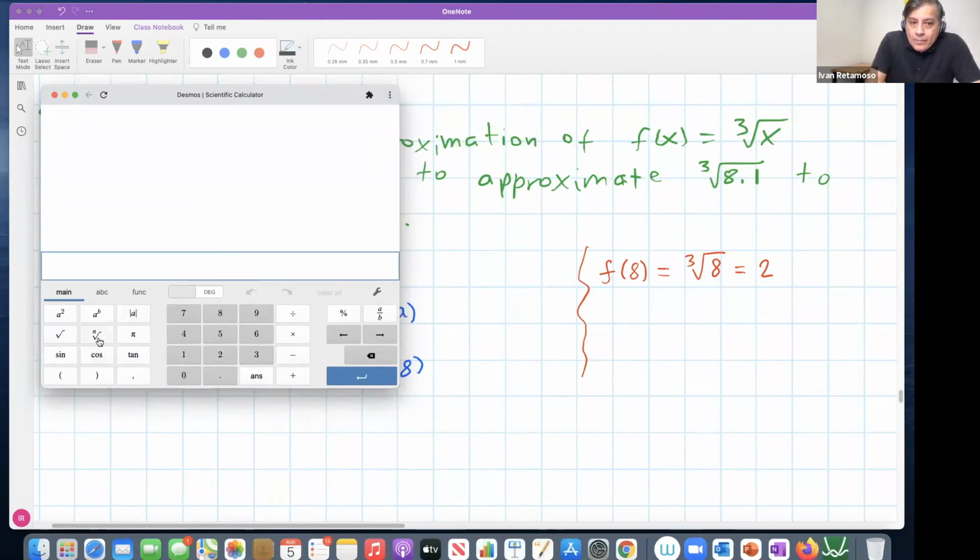Well, if you choose this, Desmos scientific calculator will give you a chance to input the index, the cubic root, right? Cubic root of 8. And it's a reasonable request because sometimes this number might not be 8, might be 27, might be some big number, right? Use this. Cube root of 8, 2.